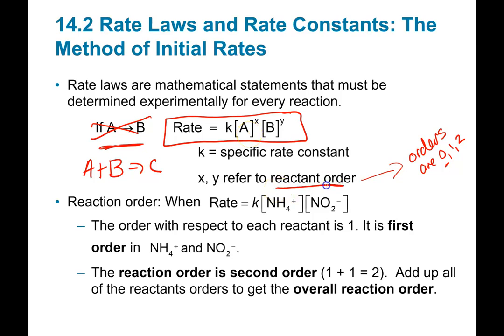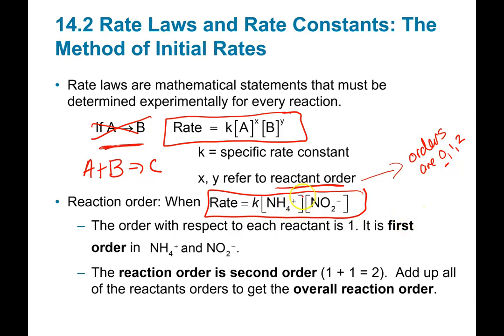It makes sense because we're using the order of a reaction related to the reactants for each of the different things up here. In this particular case, the example they're showing you is actually these two things being added together. Each one is shown in this rate law to have a first order.